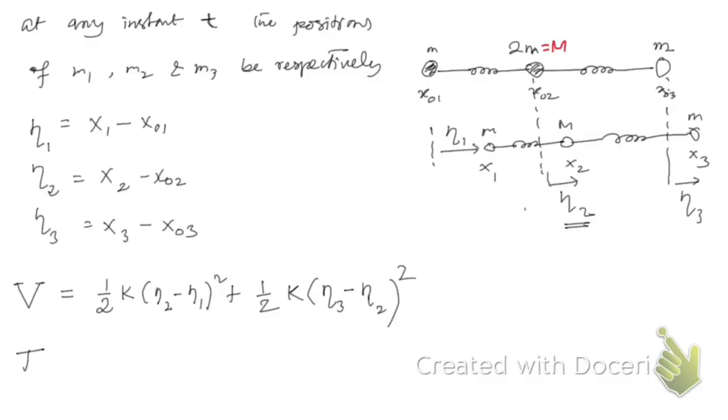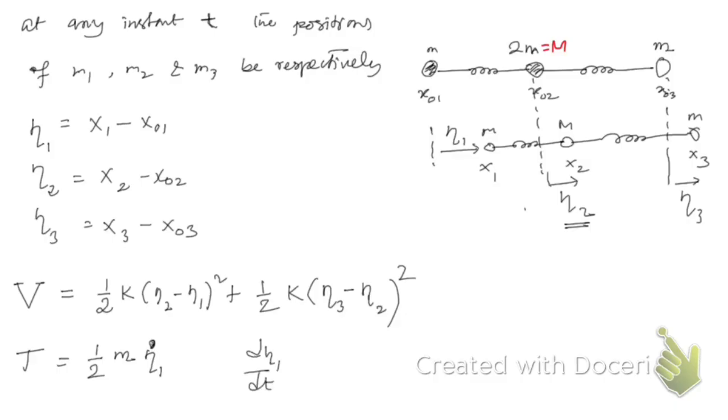And kinetic energy, we know is half mv square. Here, half the mass of the first one is small m, so its velocity, if the displacement is eta 1, is its time derivative, right? If the displacement is x, then velocity is given by dx by dt. Here the displacement is eta1, so d eta1 by dt.